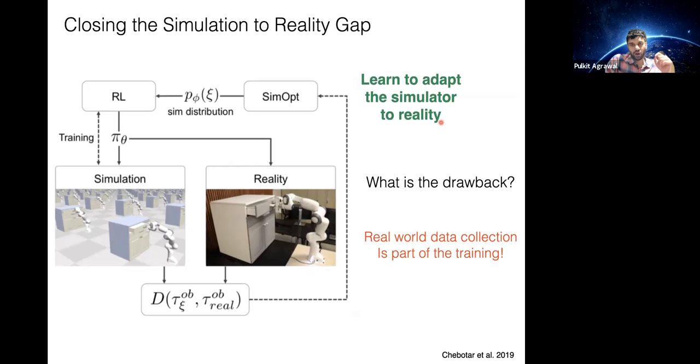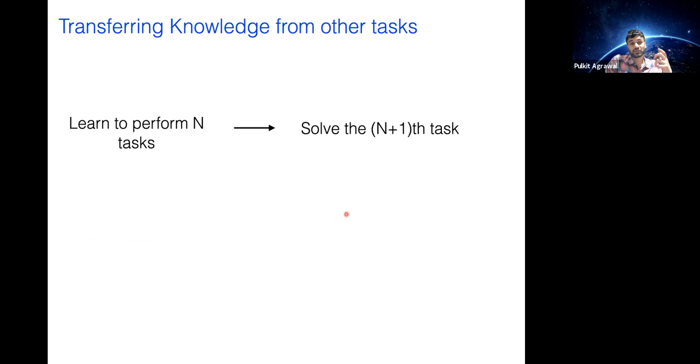And what we will be looking at in the next lecture is, we'll start off with transfer learning, where the goal is, instead of transferring from simulation, if there were other real world tasks that I've trained my policy on, how can I leverage that knowledge to improve my performance or to improve my data efficiency?